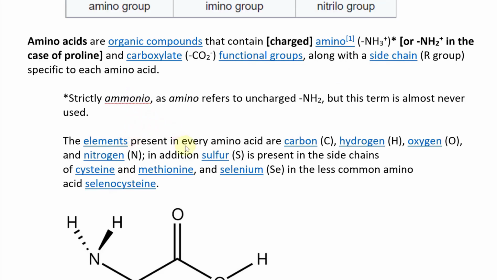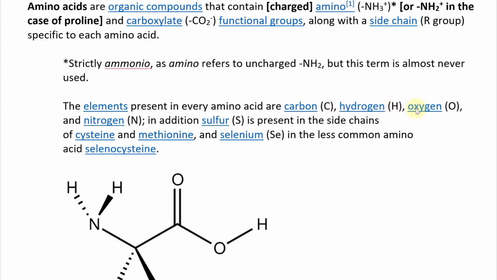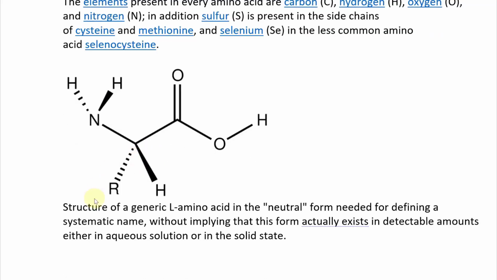The elements present in every amino acid are carbon C, hydrogen H, oxygen O, and nitrogen N. In addition, sulfur S is present in the side chains of cysteine and methionine, and selenium Se in the less common amino acid selenocysteine. Here is a structure of a generic L-amino acid in the neutral form, needed for defining a systematic name, without implying that this form actually exists in detectable amounts, either in aqueous solution or in the solid state.